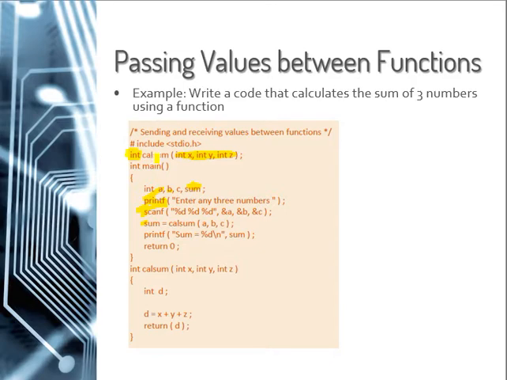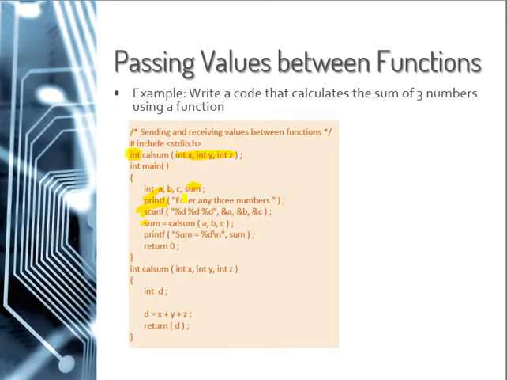So calcsum is a function that requires three numbers. Inside the calcsum's open and close parentheses should be the three values it needs, separated with a comma.